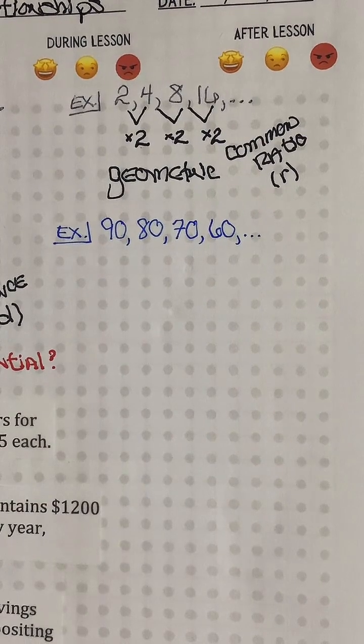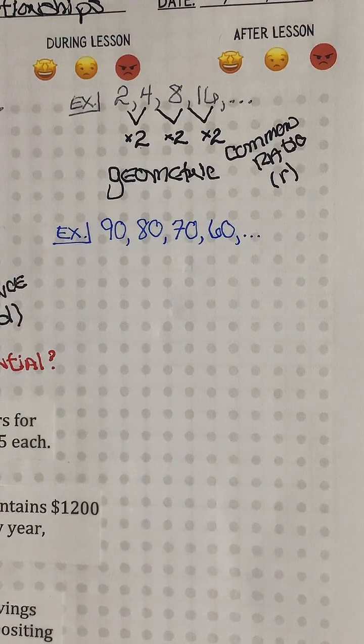We got -10, linear, geometric, and -10. Okay, we got linear decreasing.